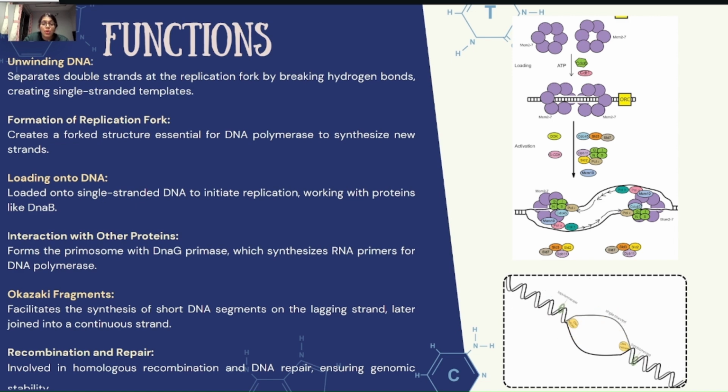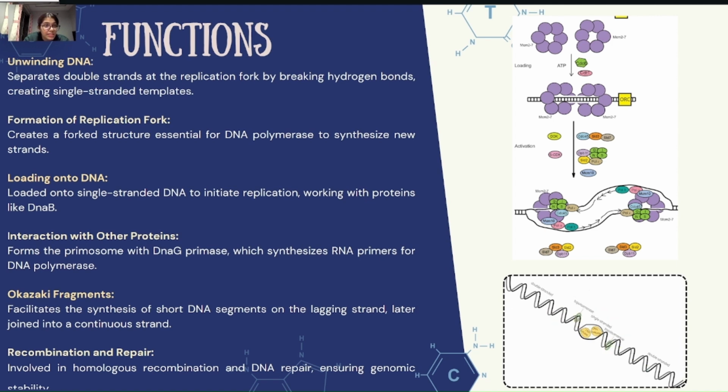Helicase is loaded onto the single stranded DNA to initiate replication, with working proteins like DnaB interacting with other proteins. It forms a primosome with DnaG primase, which synthesizes RNA primer for the polymerase.